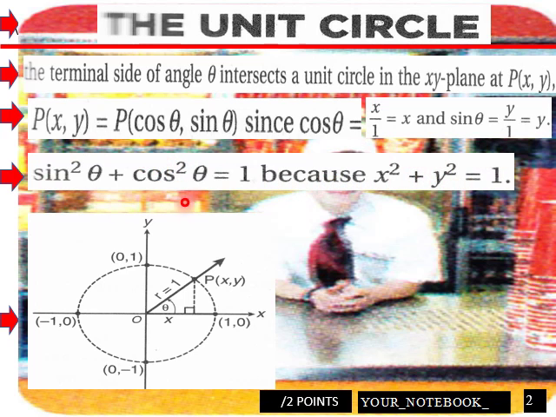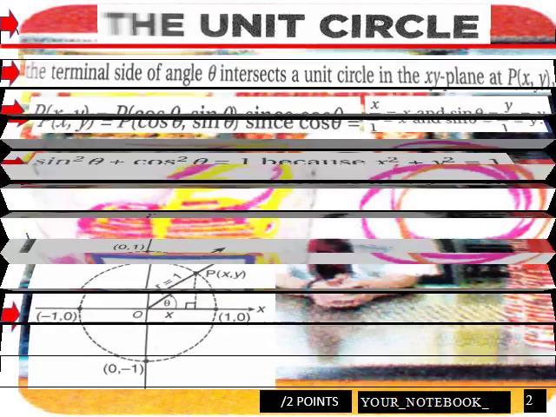This is your Pythagorean equation to find the length of the hypotenuse on your right triangle. x squared plus y squared equals 1 squared. The 1 zeroes out here, so for your Pythagorean theorem to work, x squared plus y squared would equal 1 squared.